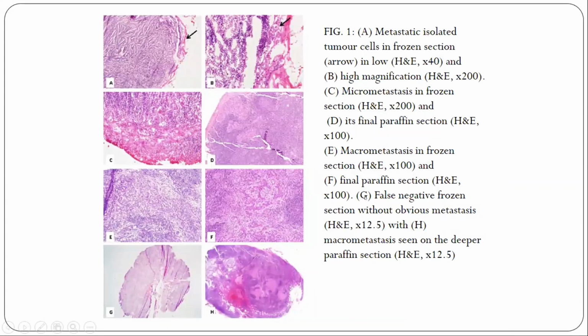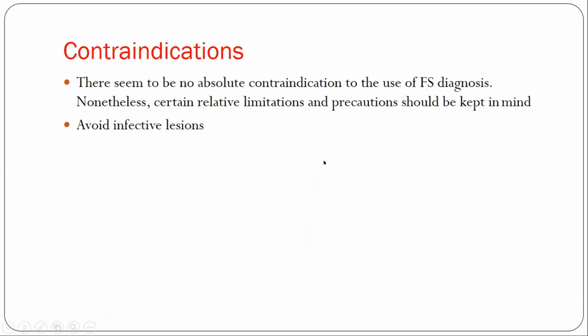This is some of the difficulties: ice crystal artifact, fragmentation. This is the folding of the tissue. Usually we encounter the breaking up of the tissue in frozen section, which makes the interpretation already difficult. The presence of all these artifacts makes things even more difficult.